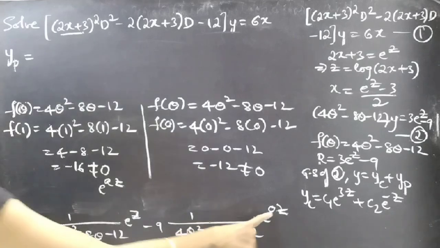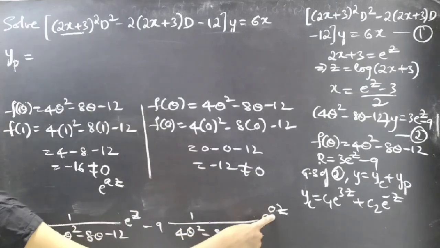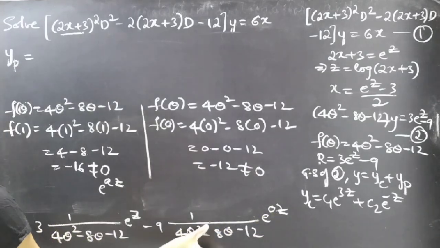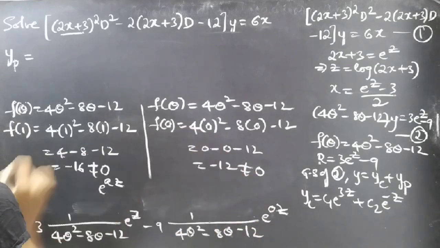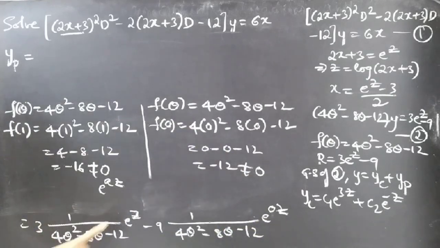By replacing theta by 1, the denominator becomes non-zero, so we can replace theta by 0 here. Here also, f of 1, or by replacing theta by 1, the denominator becomes non-zero, so we'll replace theta by 1 here.